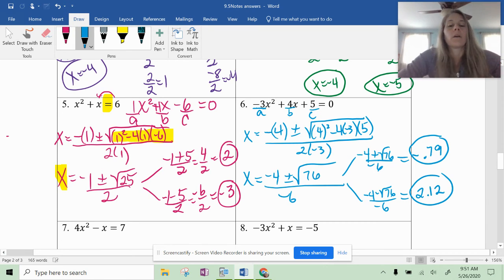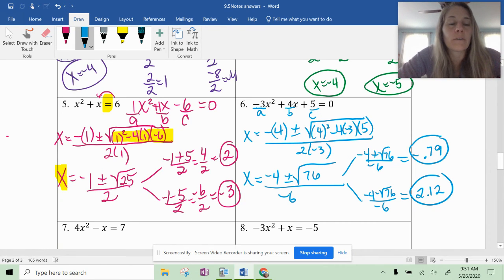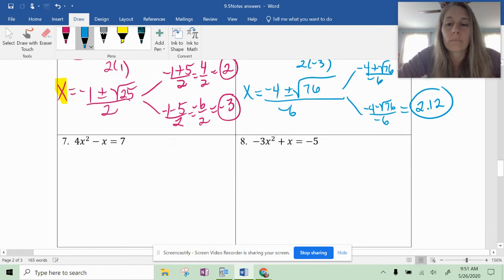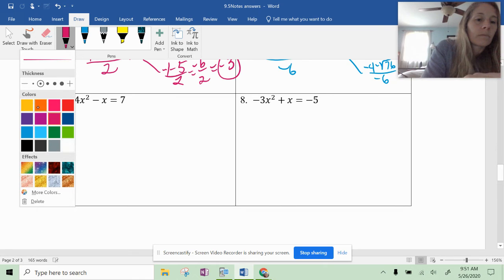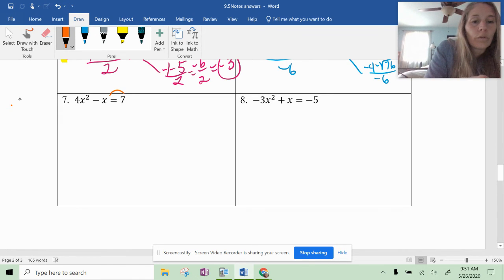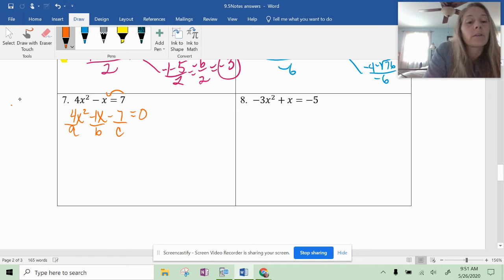Okay. All right, so we got 2 more left for today. So I'm going to move my 7 over. So 4x squared minus x minus 7 equals 0. So now I know A is 4, B is negative 1, and C is negative 7.